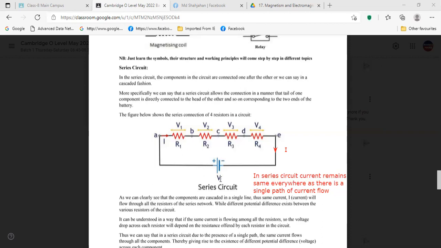Like if V is here 12 volt, then if they are identical resistors, their voltage will be 3 volt, 3 volt, 3 volt, 3 volt. And we can say V1, V2, V3, V4. So total 12 volt is shared among all the components.